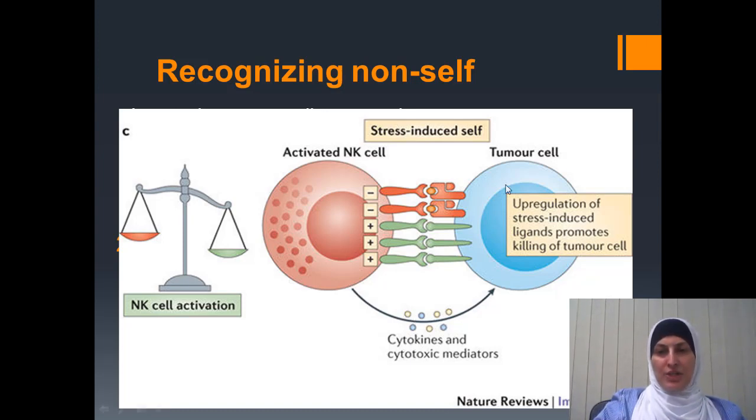So the abnormal replication would tell the cell that something is wrong, and this will turn on the SOS alert status, and the heat shock proteins would be expressed on the surface. Now these heat shock proteins, MIC-A and MIC-B for example, will interact with the killing activating receptors in the natural killer cells, and now the balance is tipped toward killing of this tumor cell, and this is what happens: killing of the tumor cell.